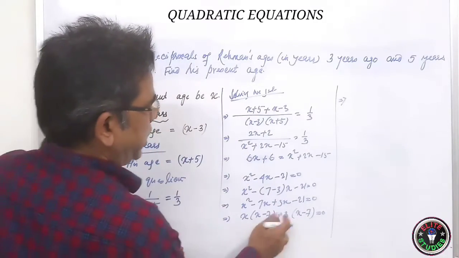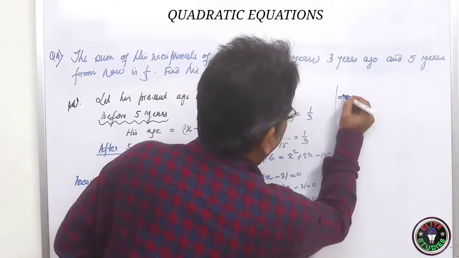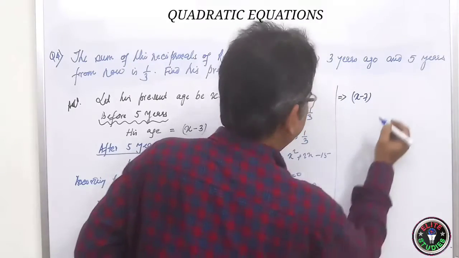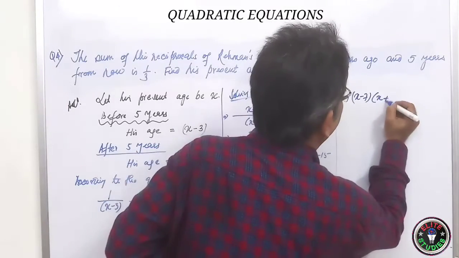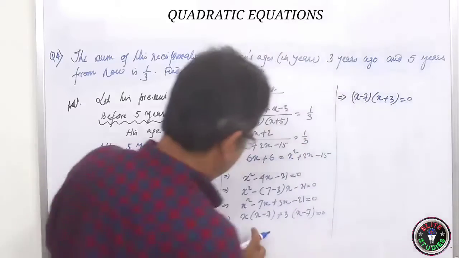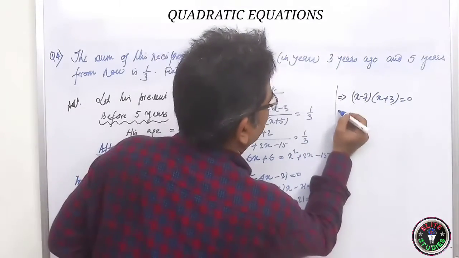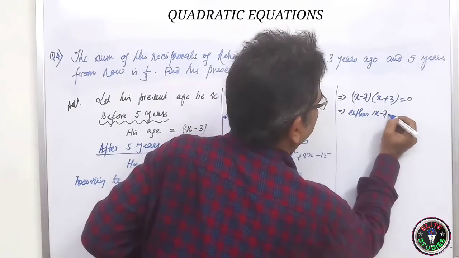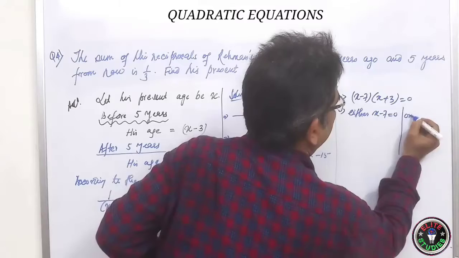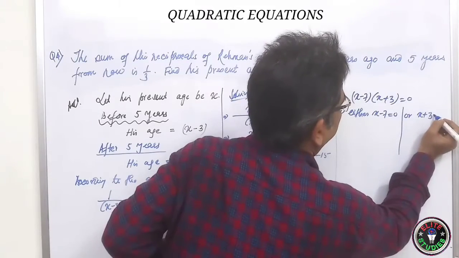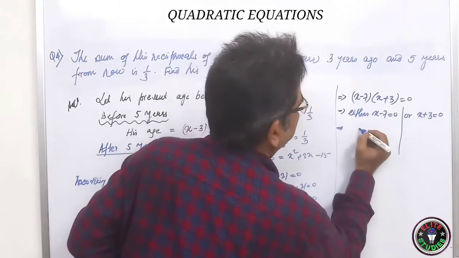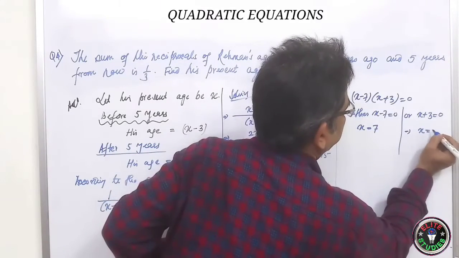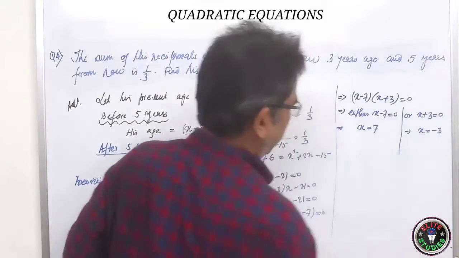So we got x minus 7 into x plus 3 equal to 0. So either x minus 7 is equal to 0 or x plus 3 is equal to 0. So here it gives x equal to 7 and here it gives x is equal to minus 3.